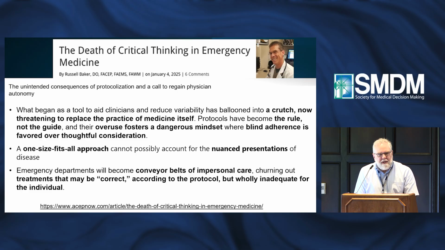Protocols have become the rule, not the guide, and foster a dangerous mindset where blind adherence is favored over thoughtful consideration. One size fits all cannot possibly account for the nuanced presentations of disease, and emergency departments in particular will become conveyor belts of impersonal care, churning out treatments that may be correct according to the protocol, but wholly inadequate for the individual.